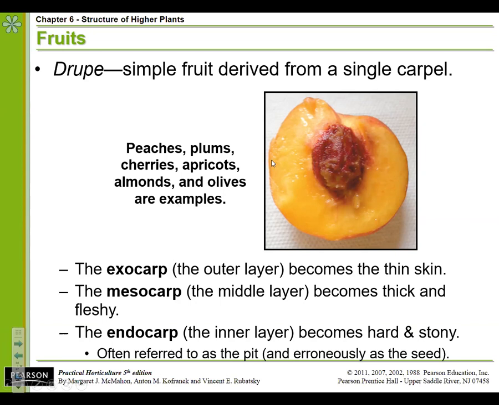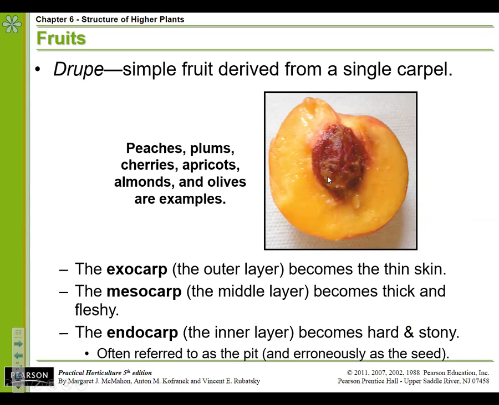And that carpel, though, is composed of multiple tissues. We've got the exocarp, which becomes the skin of the fruit on the exterior, the fuzzy part of the peach. The mesocarp is the thick, fleshy part. And then the endocarp, we kind of refer to it in these fruits as the stone, is very hard.